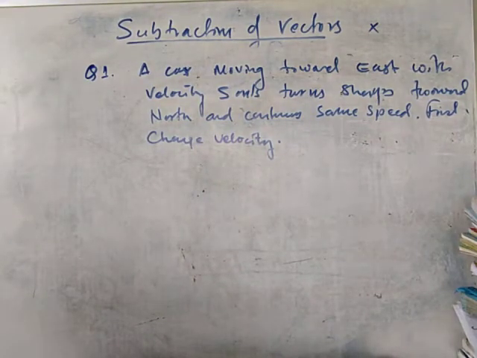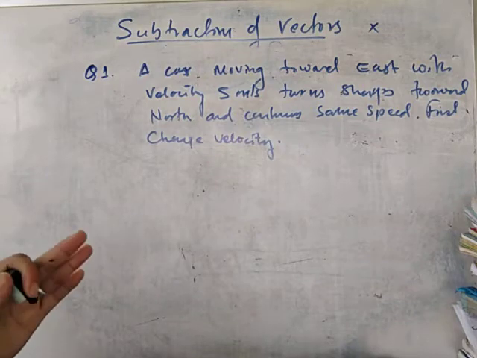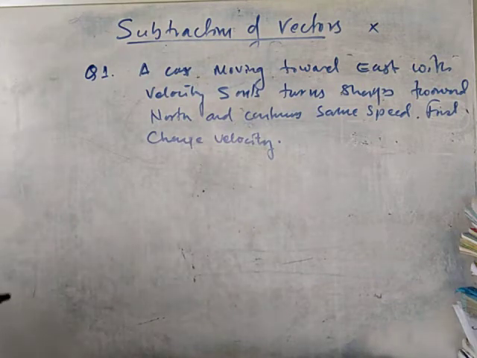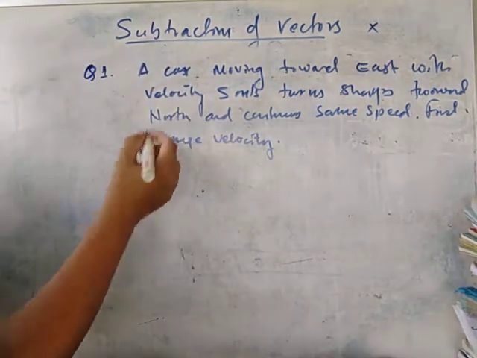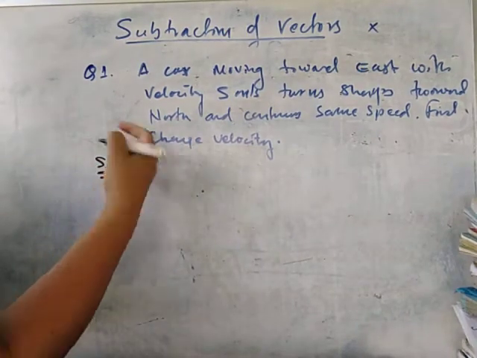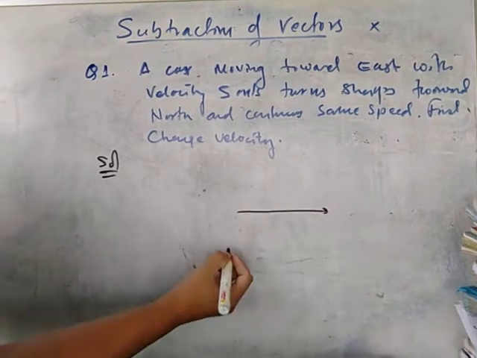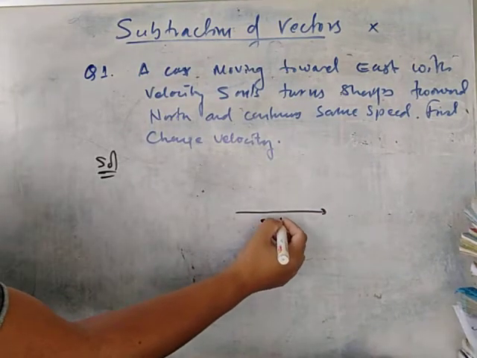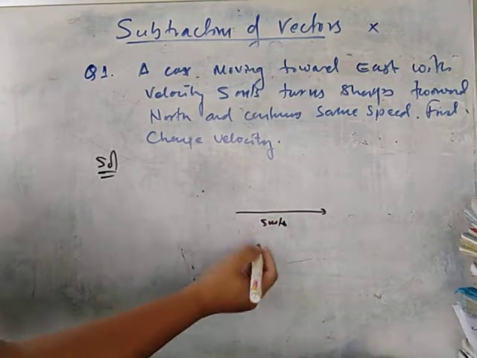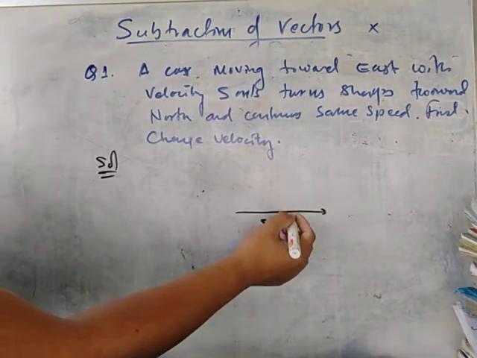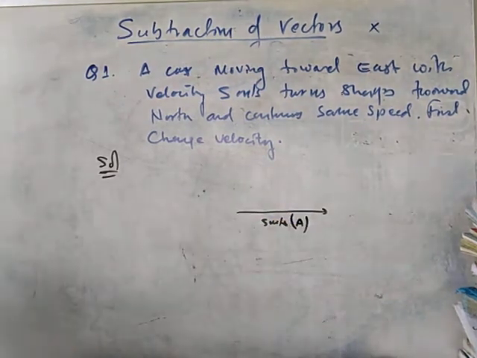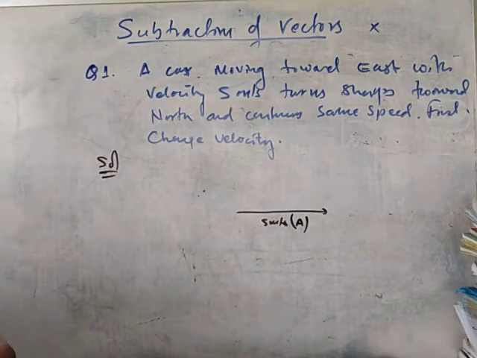Change in velocity equals v2 minus v1. Solution: the car moves towards east with a velocity of 5 meter per second, let's say this is A, and it turns sharply towards north.